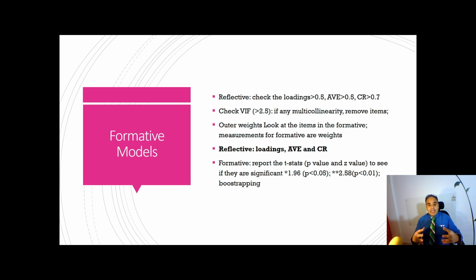And in the reflective, we check loadings, AVE and CR. However, in the formative, we also have to report the t-statistics, the p-value, and z-value to see if they are significant. In order to do that, we have to use the bootstrapping function in SmartPLS. We'll come to bootstrapping in detail in coming videos.